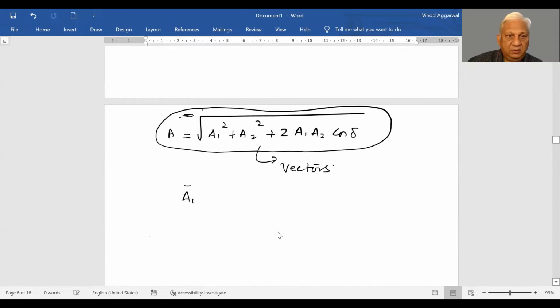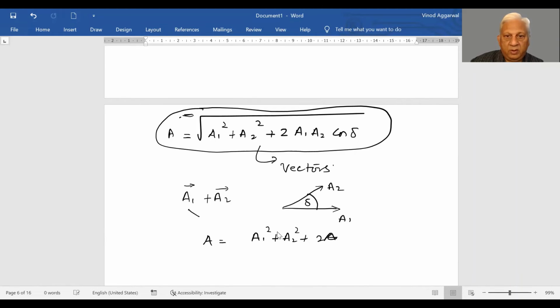If you add vector A1 and A2, which is separated by angle delta, then resultant A is equal to A1 square plus A2 square plus 2 A1 A2 cos delta, which is the same formula as this.